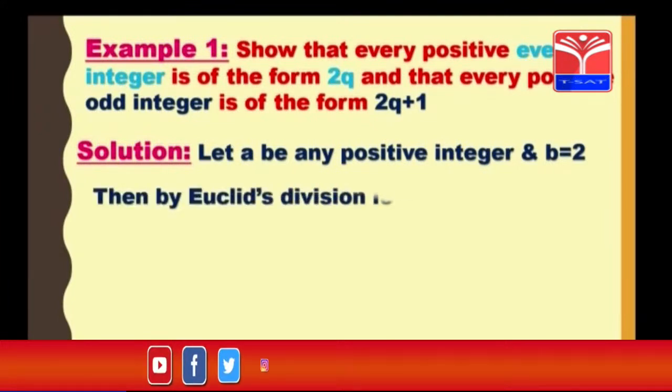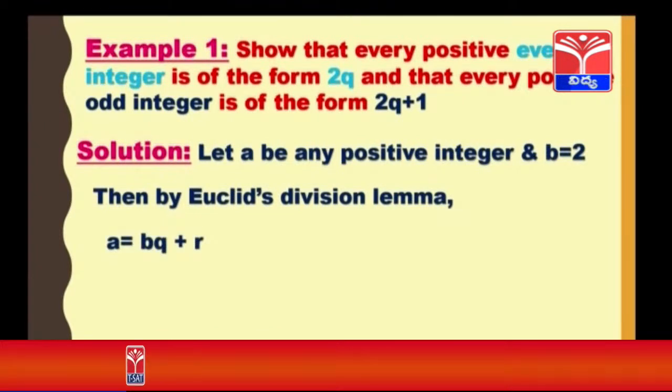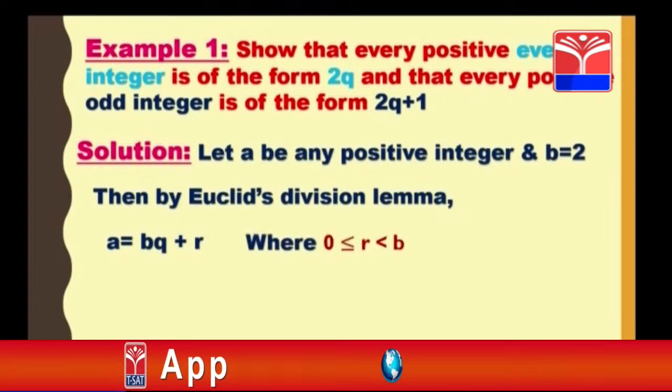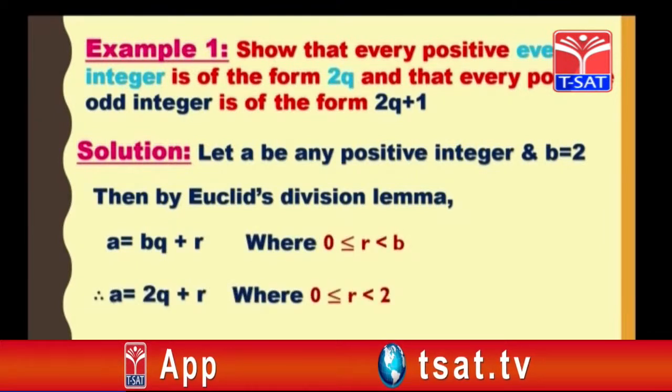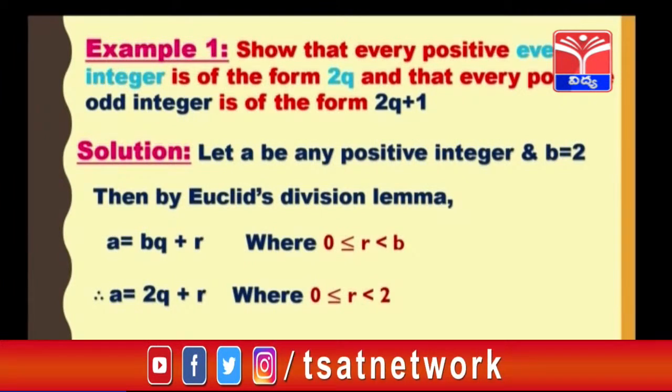Then by Euclid's division lemma I can write a is equal to bq plus r, where 0 is less than or equal to r less than b. Here I am taking b equal to 2. Substituting, I get a equals 2q plus r, where 0 is less than or equal to r less than 2.